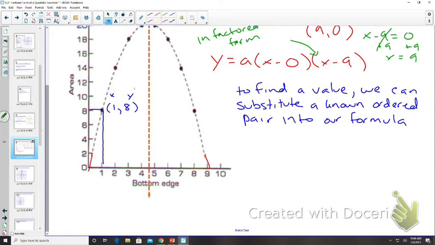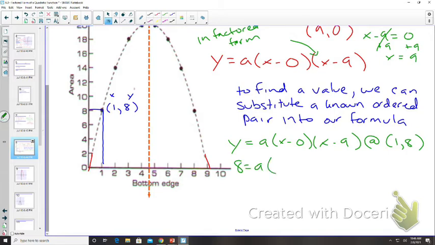Okay, so y is equal to a x minus 0, x minus 9 at 1 comma 8. That's my ordered pair. So 8 is equal to a 1 minus 0, 1 minus 9.